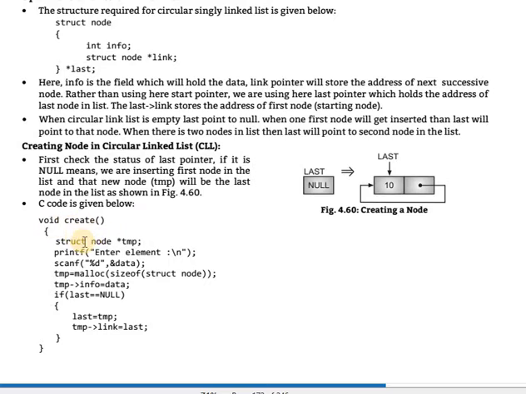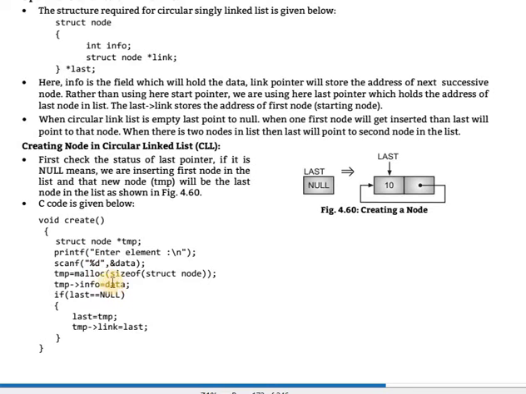Create function, struct node temp, the pointer variable, a temporary variable is taken. Enter the element; the element entered by the user is stored in the data variable. After that, memory allocation is done at runtime.